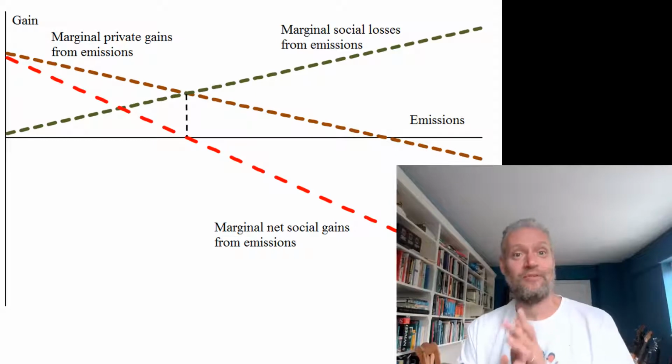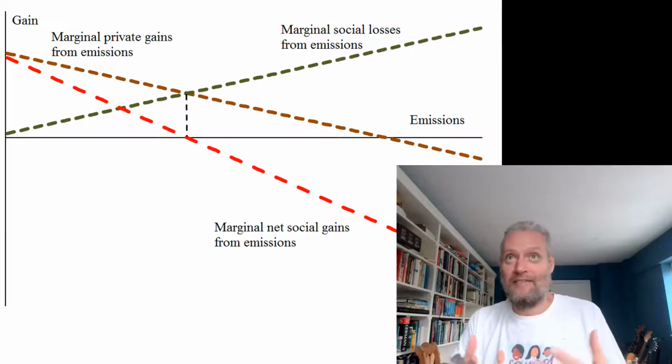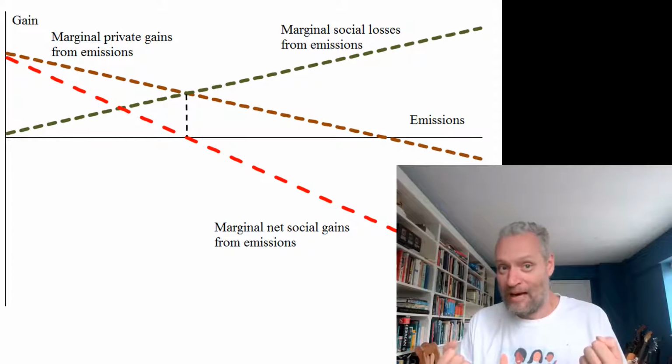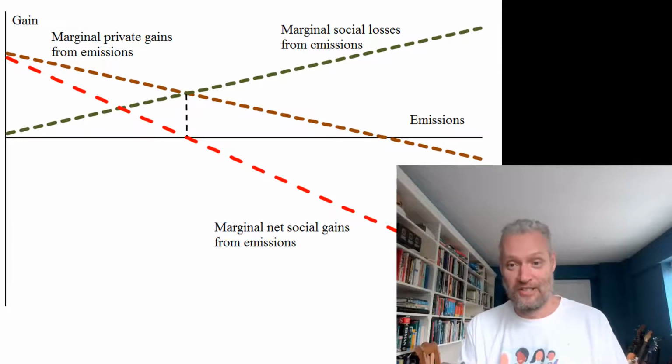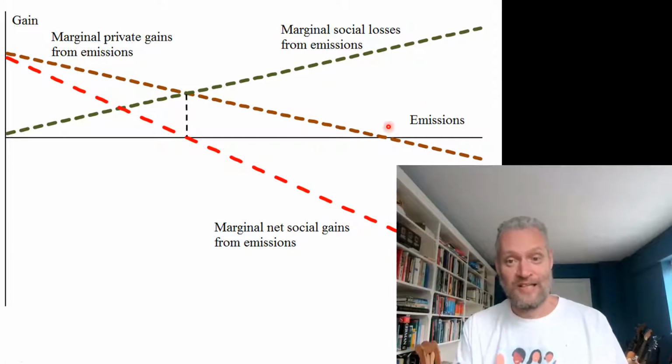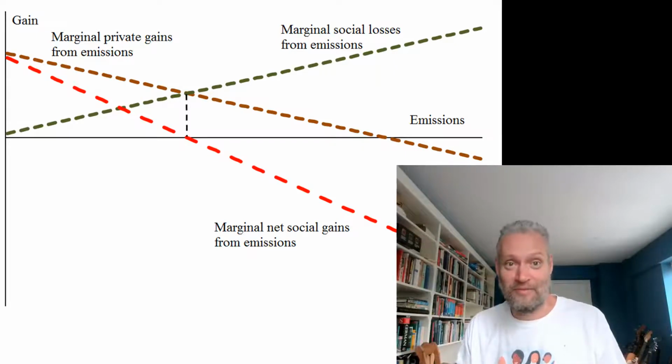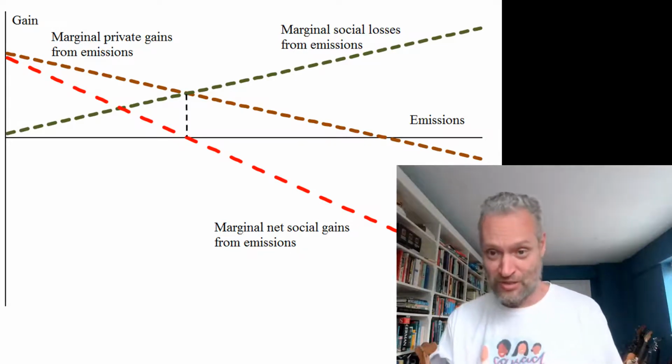This is the point where you've heated your house and it's nice and comfortable, and yes, you can heat your house more, but it does not bring you any benefit because it's warm enough, and it actually does cost money to heat your home, so you would not go there. Or this is the point where you've reached your destination, and yes, you can go around the block one more time, but that would mean you're paying in fuel and you're losing time, so why would you do that? This is just the point at which you stop burning fossil fuels.